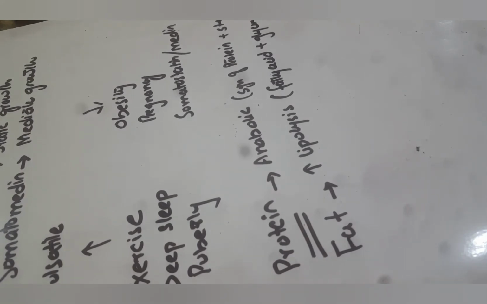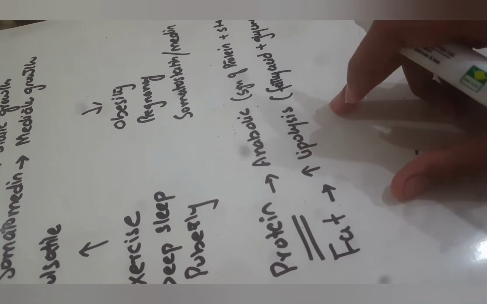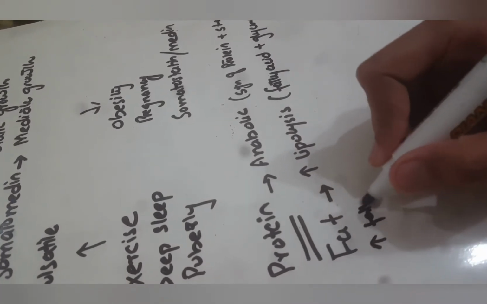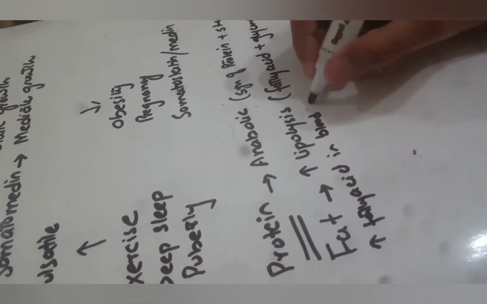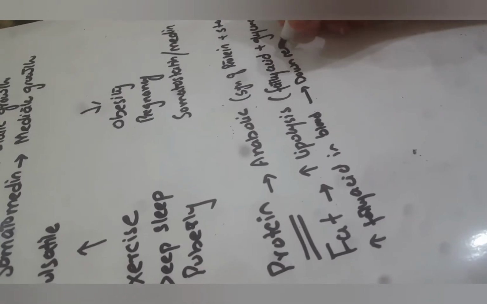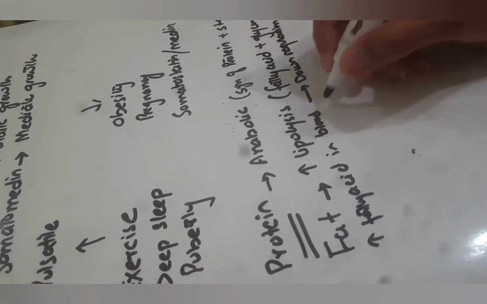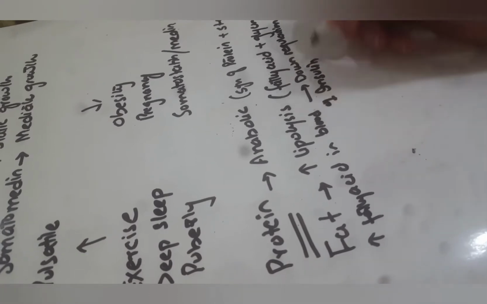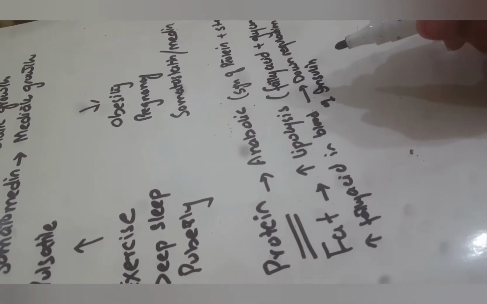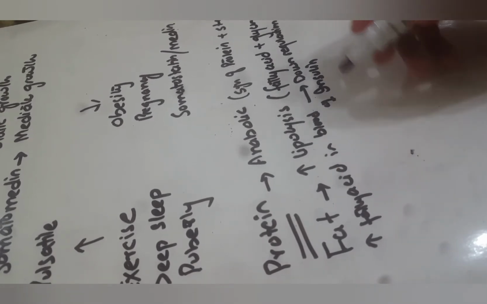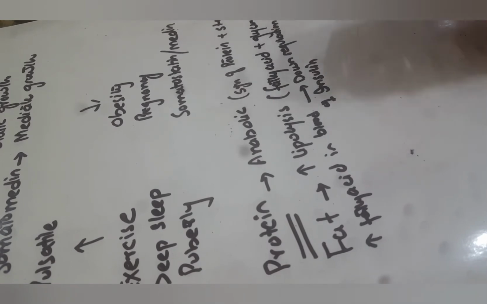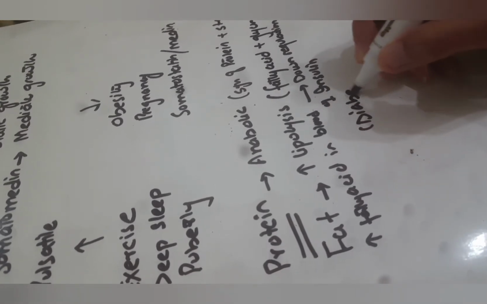When there are increased fatty acids, there is ketoacidosis, and in this condition there is a down regulation of insulin. Remember this fact, it is very important. Increased fatty acids in the blood lead to down regulation of insulin, decreased uptake of glucose in the cell and increased blood glucose, also known as the diabetogenic effect.